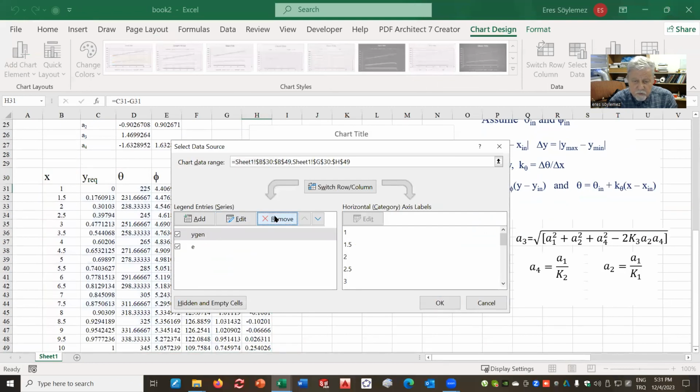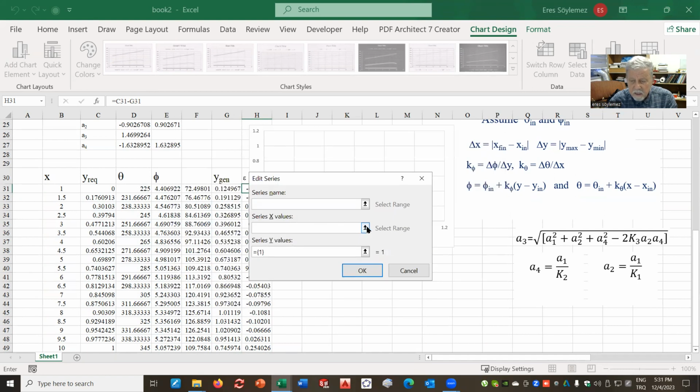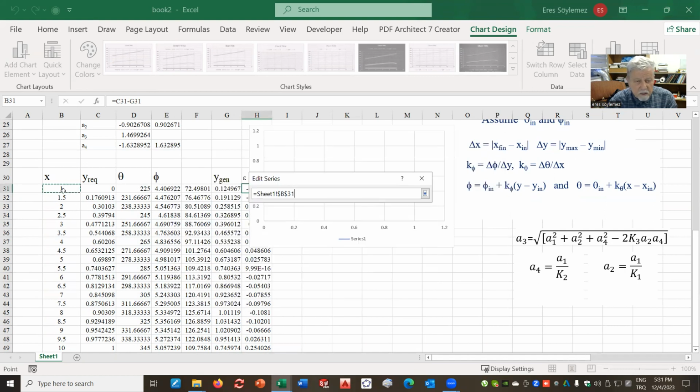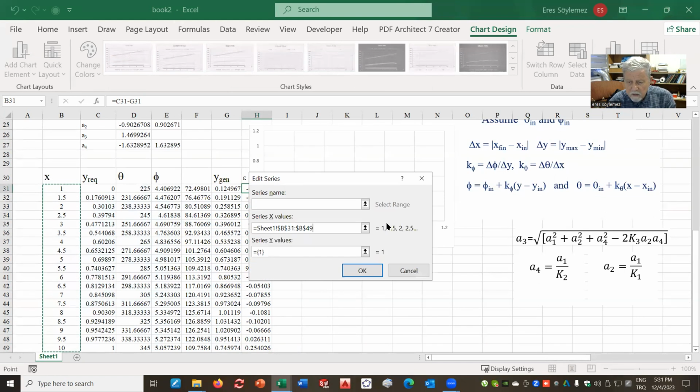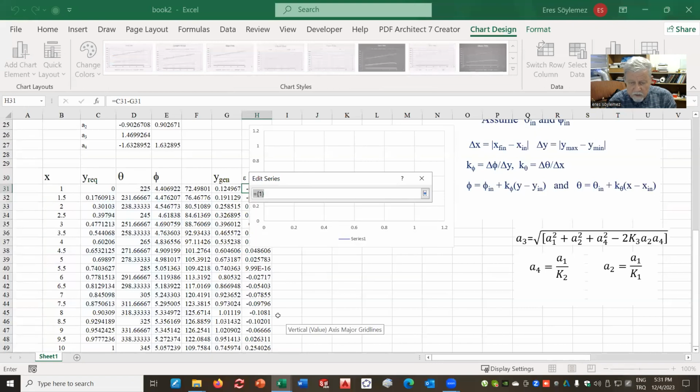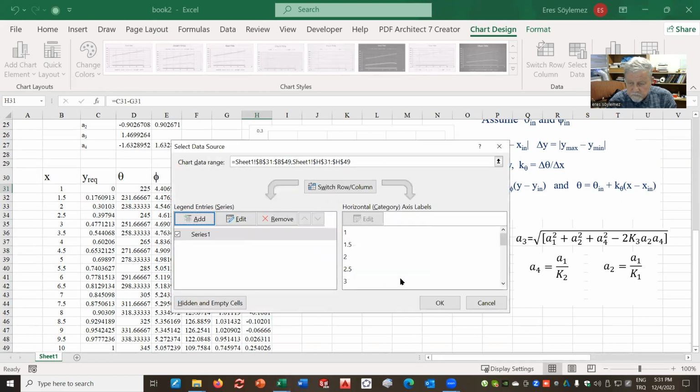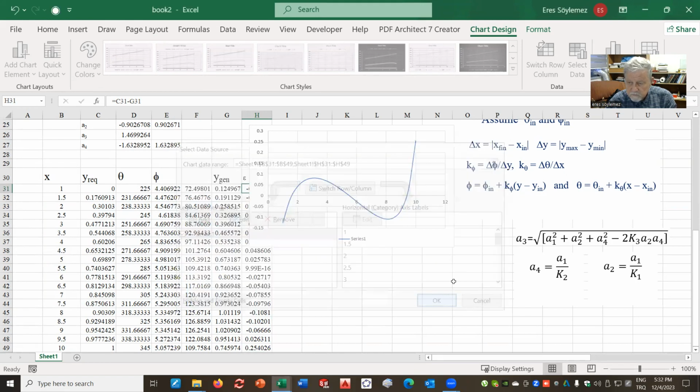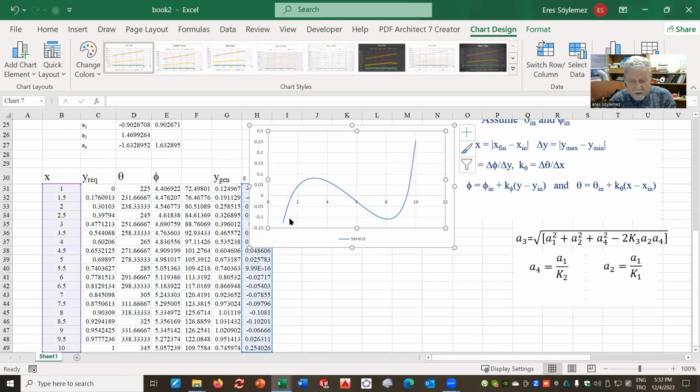You remove all these, add X values, Control Shift, down arrow, Y values. I will do it like this. Not bad.